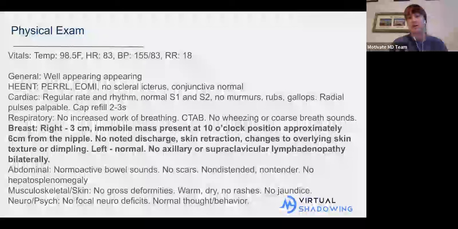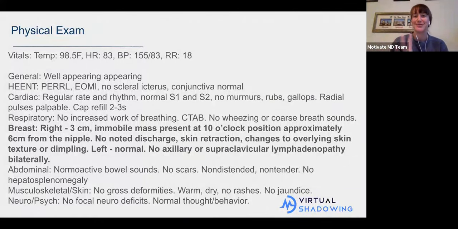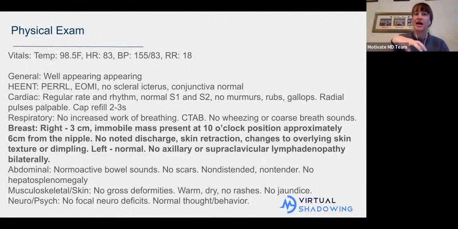So overall, when we think about what this person's breast exam is like, there are some red flags here. The bigger ones being that this mass is over 2 centimeters. This is 3 centimeters. It's also immobile, and that's not great because when we think about a mass being immobile, we're worried that there's invasion at deeper tissue levels, and so it won't move as much.